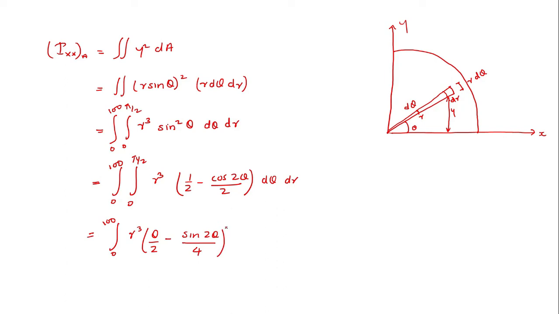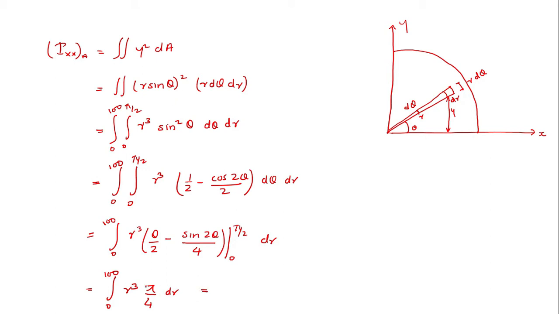Now this value will vary from pi by 2 to 0, into dr. So this will give me the integral from 0 to 100 of r cube, and if I solve this term from pi by 2 to 0, I will get pi divided by 4, into dr.